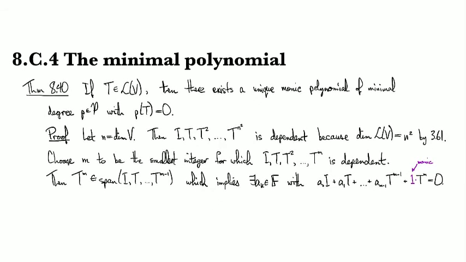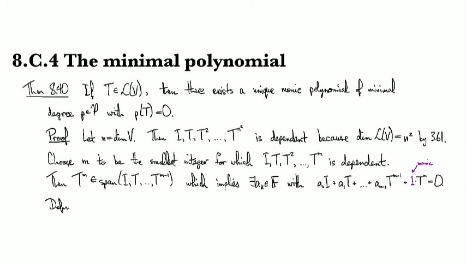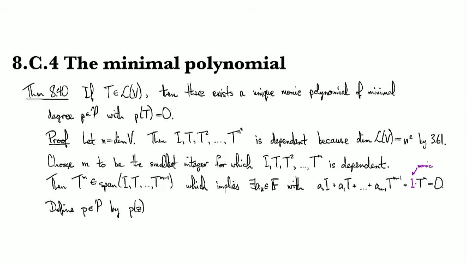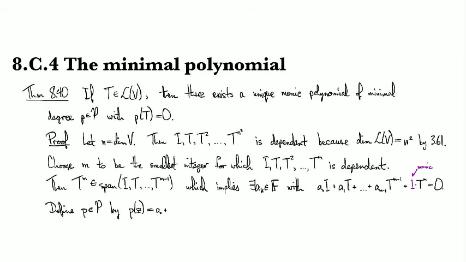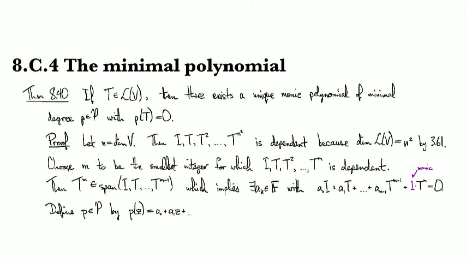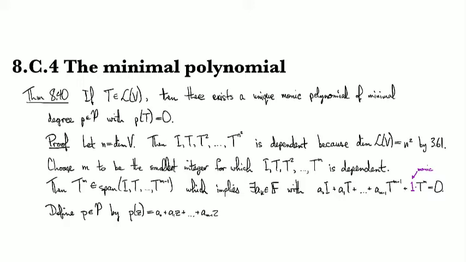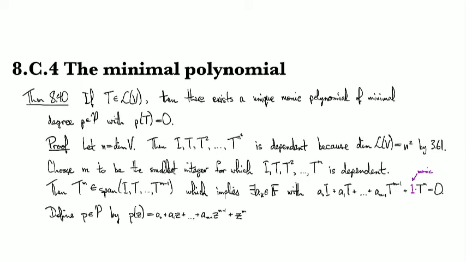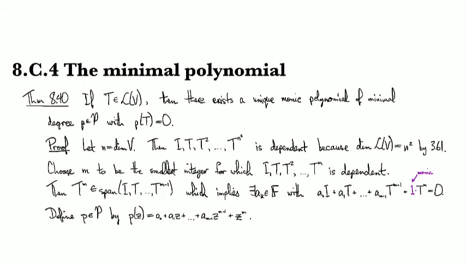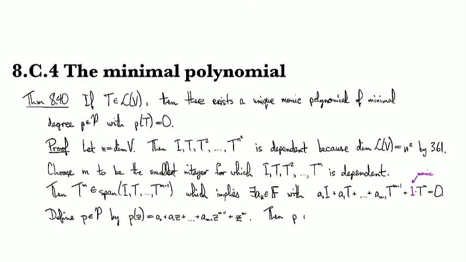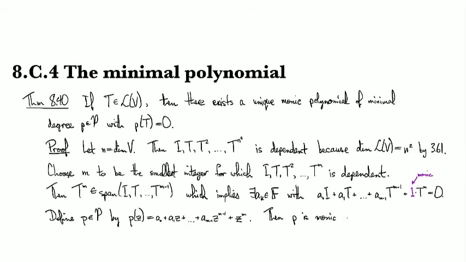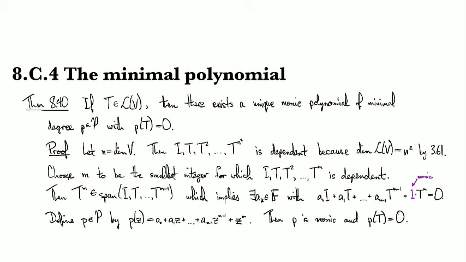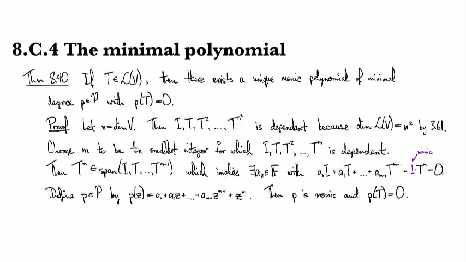Okay. And so if I then define a polynomial with these coefficients, then P is monic and P of T is 0 by construction. Okay, so we've got existence.